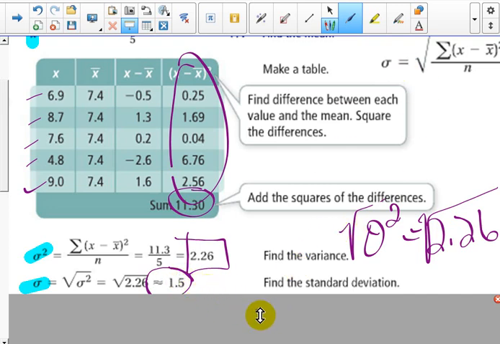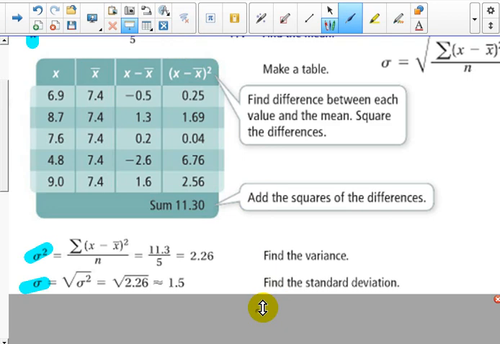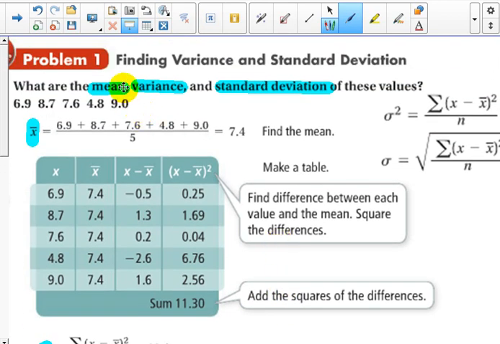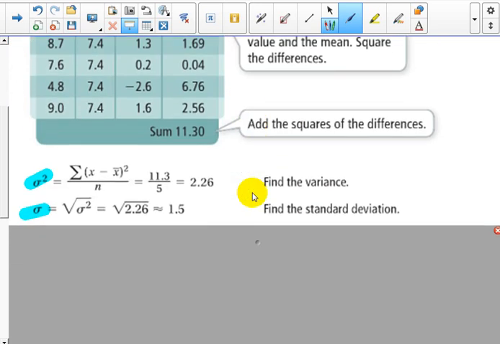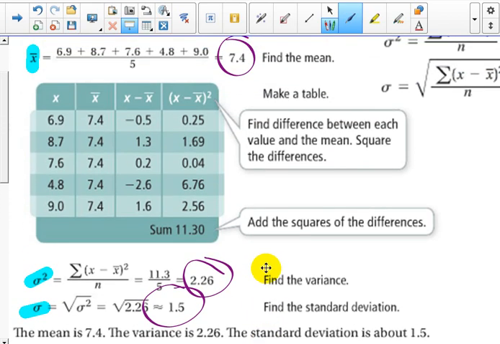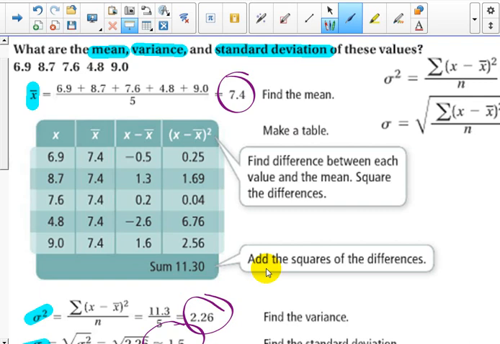But remember, when you round, you've got to change your equal sign to an approximately equal sign, the wavy one. So what did they ask us for again? The mean. So we got the mean was 7.4, variance 2.26, and standard deviation 1.5. And that's it. That's how you work these. Does anyone have any questions on this?